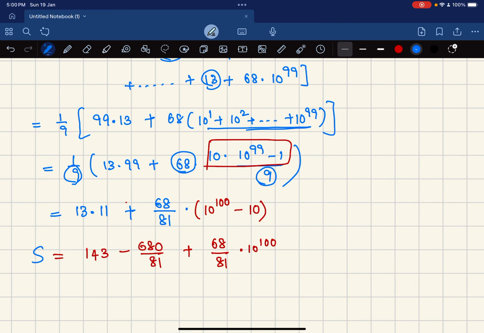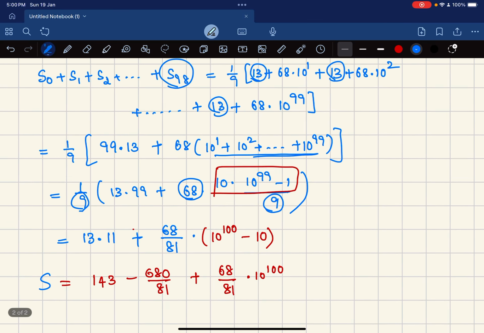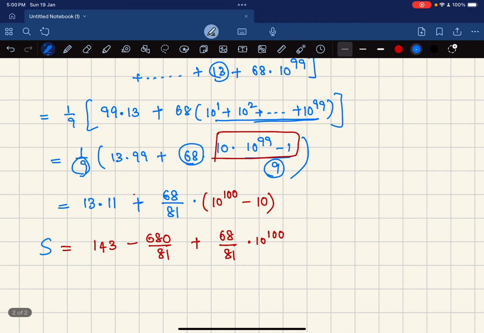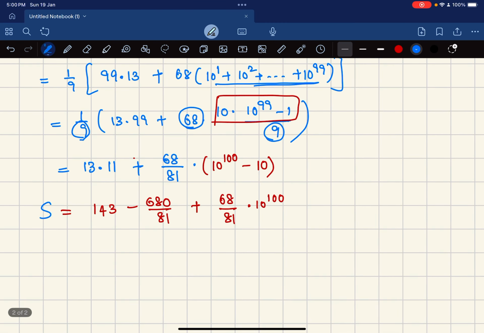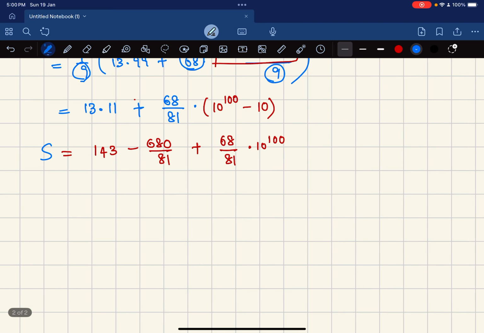Now what we can do is, 68 into 10 to the power 100 we have, and 13 also. All right. Now S99 is 1 by 9 into 13 plus 68 into 10 to the power 100. This is the thing that we have now.